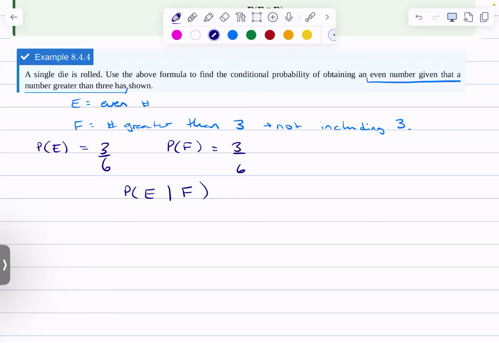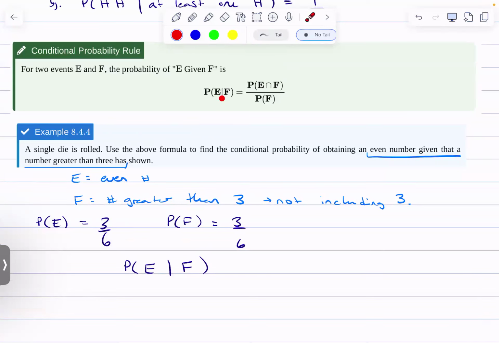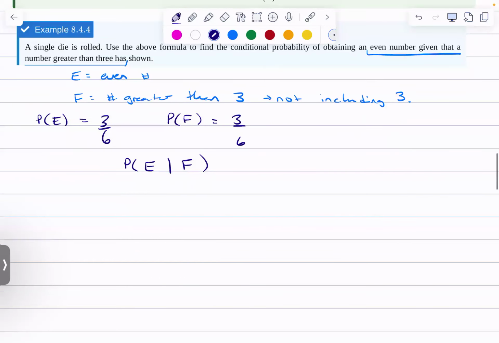So if we translate this into this equation here, probability of E given F, luckily they match up, is the probability of E and F over the probability of F. We know the probability of F, and we also know the probability of E and F, which is the even numbers out of the numbers greater than 3.